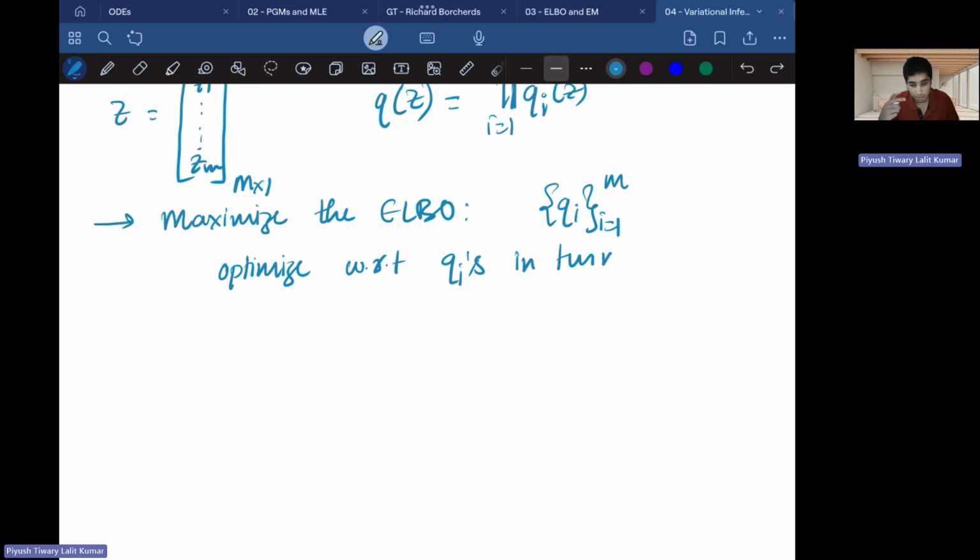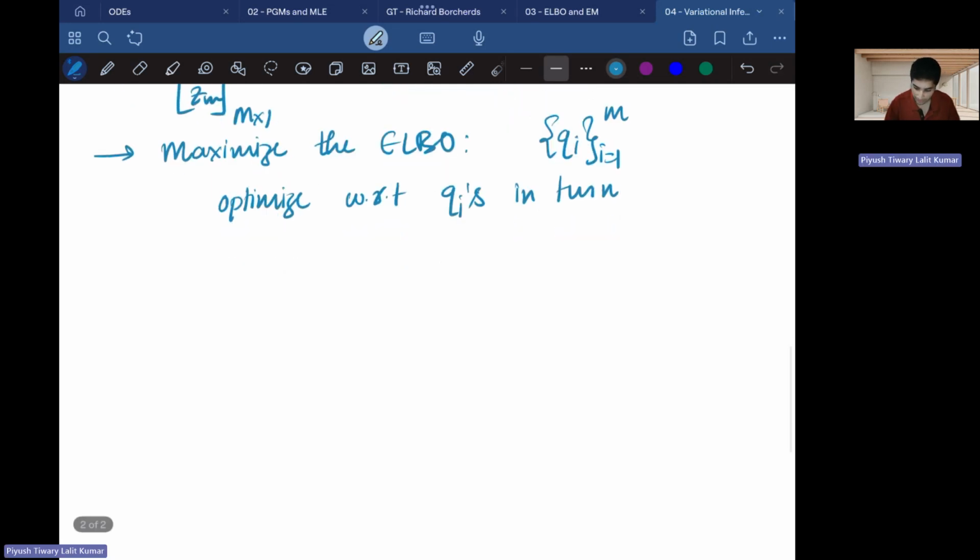For example, let's say Q2. When we are maximizing the ELBO with respect to Q2, the other Q_i where i is not equal to 2 will remain constant. We will not change them, and that is how we will maximize our ELBO.